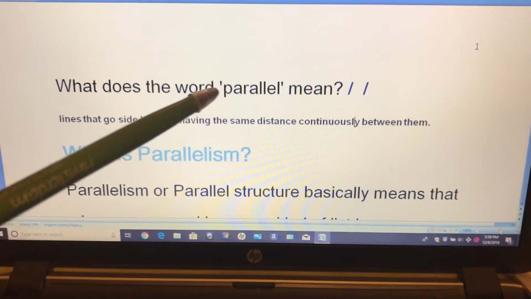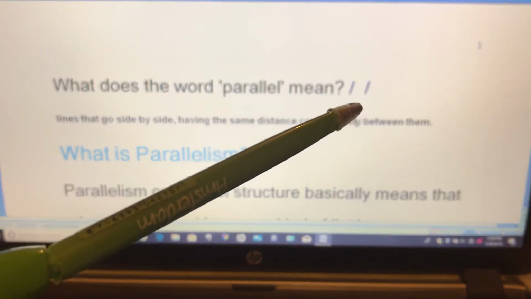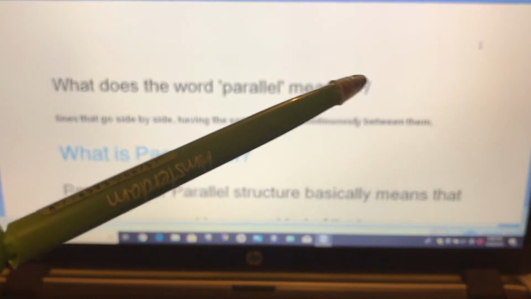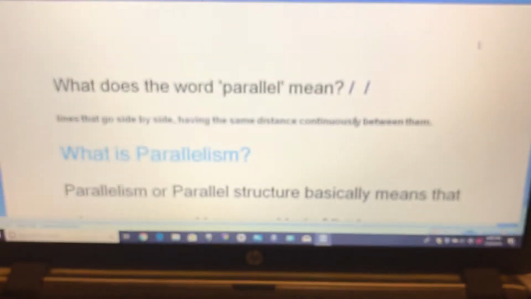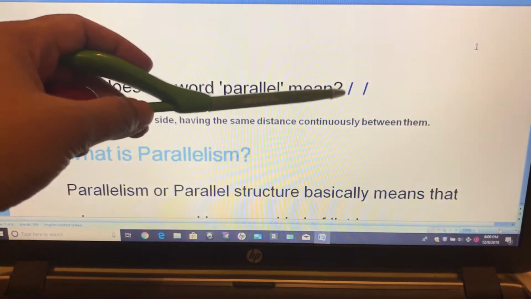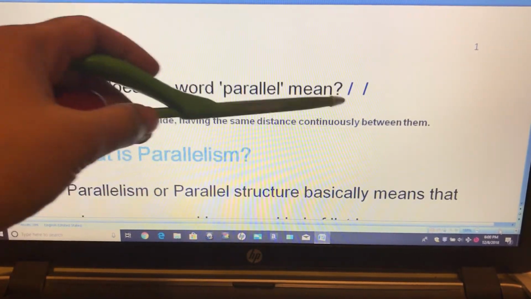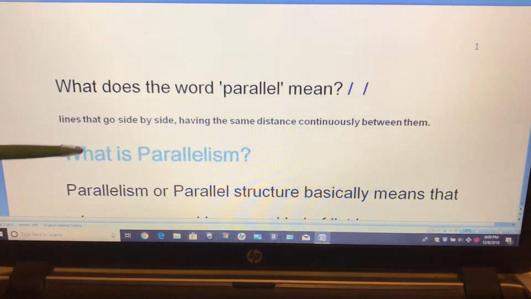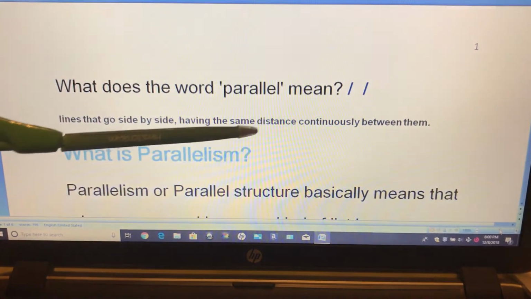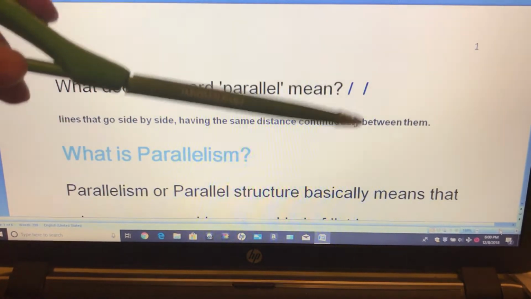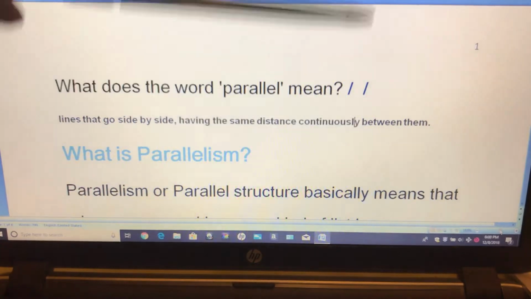We see here parallel, right? And then right here we see a diagram. Well, not really a diagram, but you see two lines, and anyone who takes math would know what parallel means. These are basically two lines that go side by side, having the same distance continuously between them, but in essence they never meet, so they run parallel.